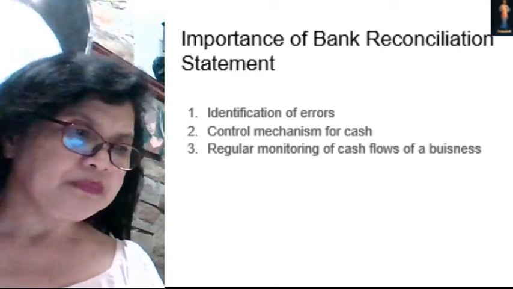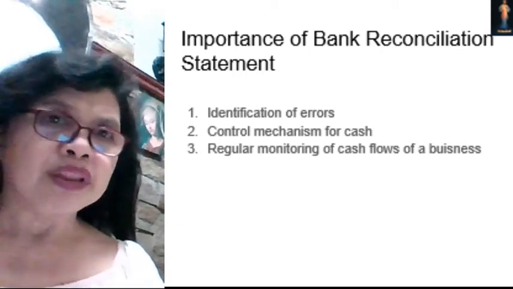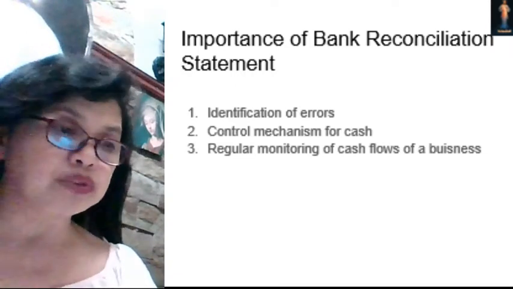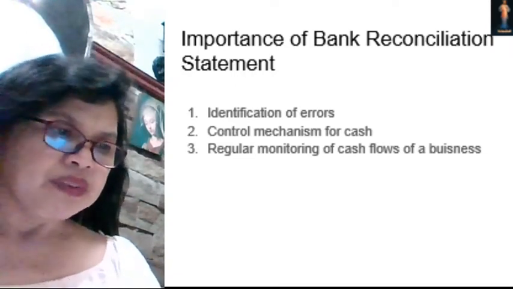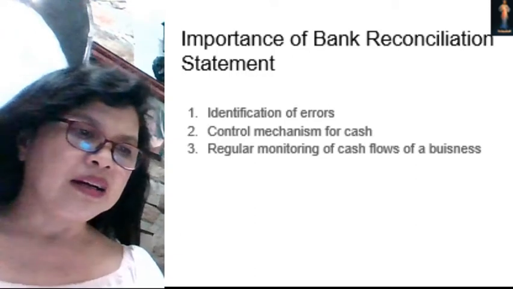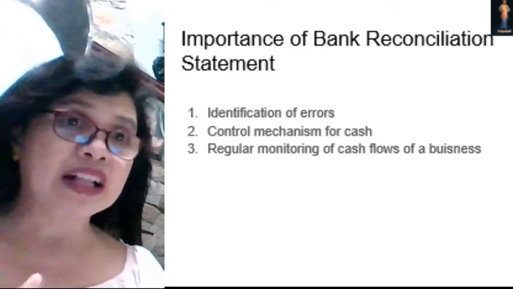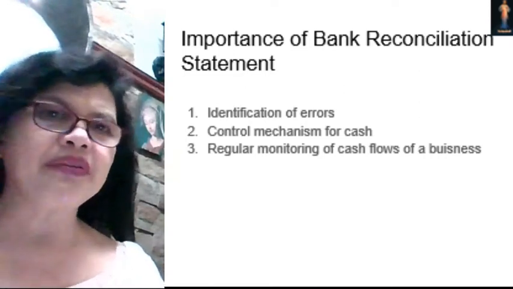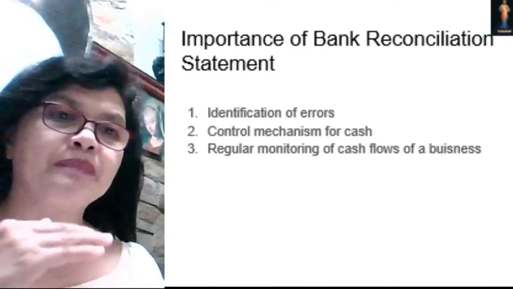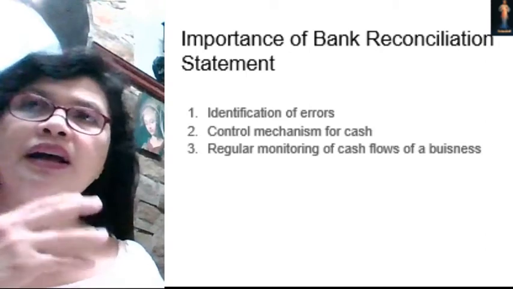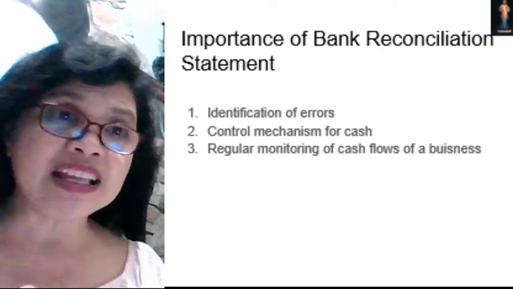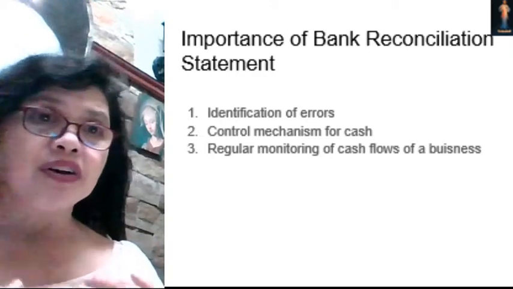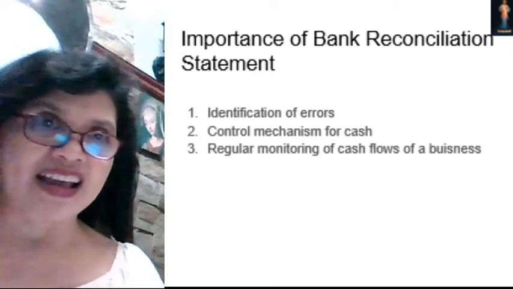And number three, another importance is the regular monitoring of cash flows of a business. Because of the cash flows that we prepare monthly or whatever period you prepare it, bank tracing is very easy because there are documents to support your movements of the cash.